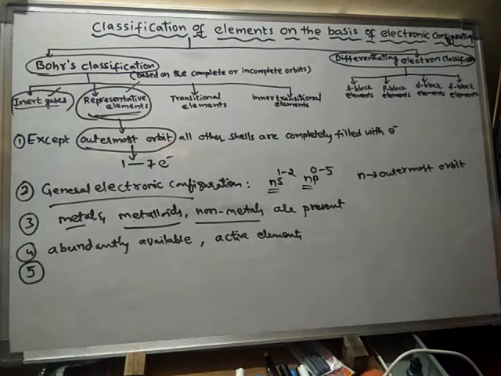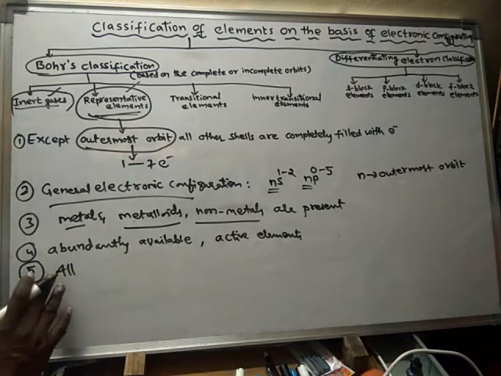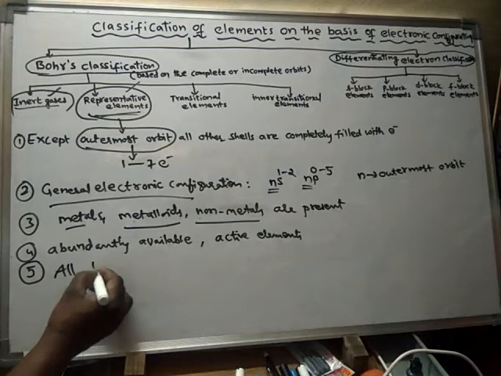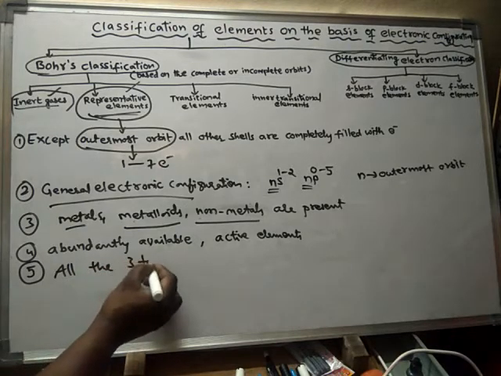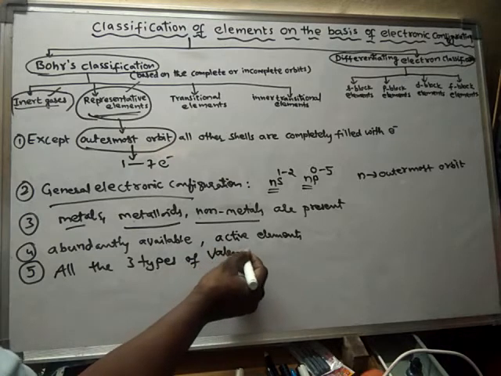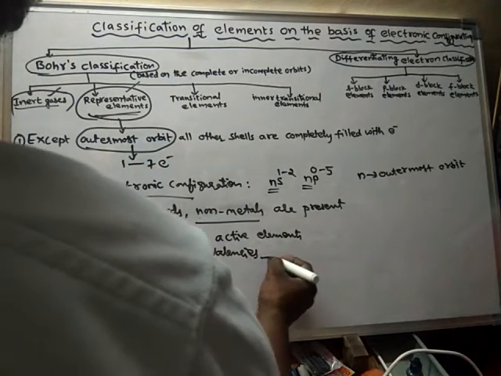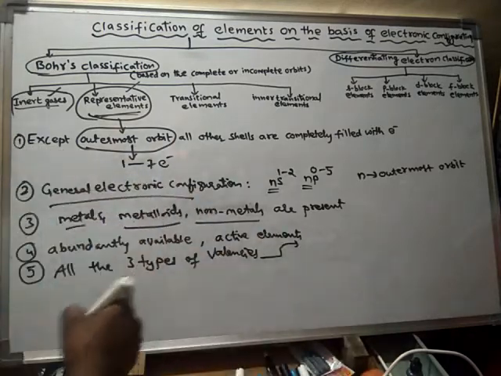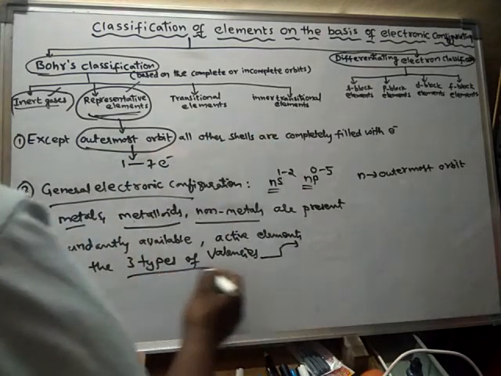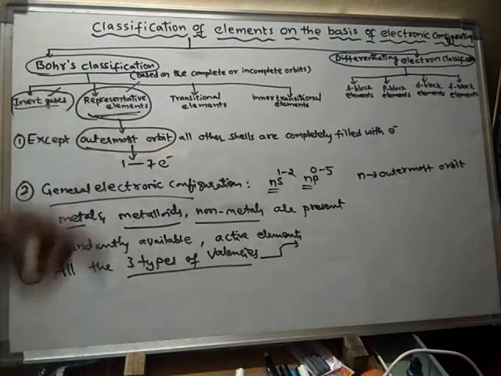Next one is, all types of valencies are present. How many types of valencies? All the three types of valencies are there. Generally elements show three types of valencies, and these representative elements show all three.